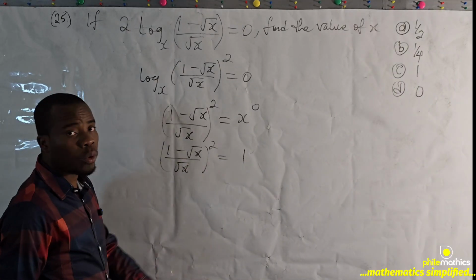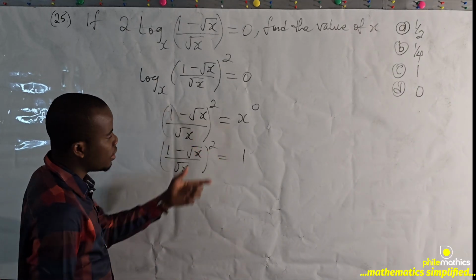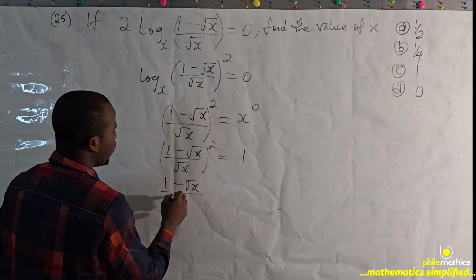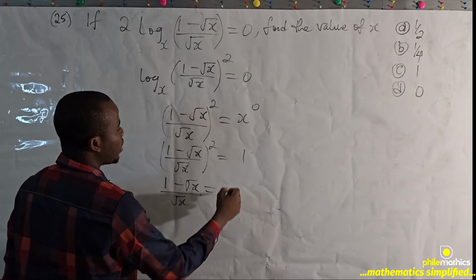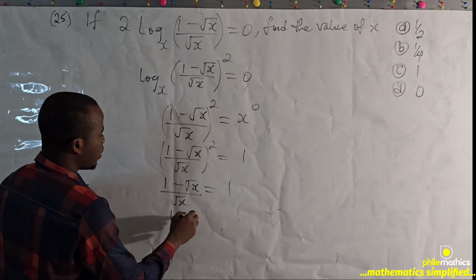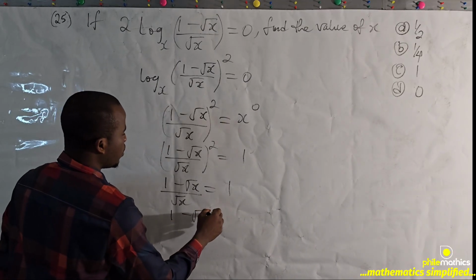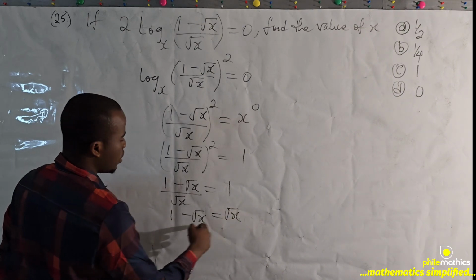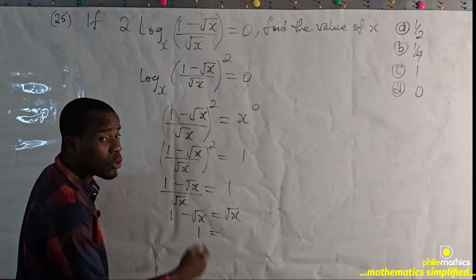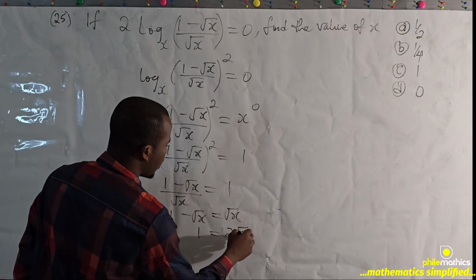You can take the square root of both sides. That gives us (1 minus root x) over root x. The square root of 1 is 1. If I multiply this, I have 1 minus root x equals root x. Take this to the right hand side, I have 1 equals root x plus root x, which is 2 root x.